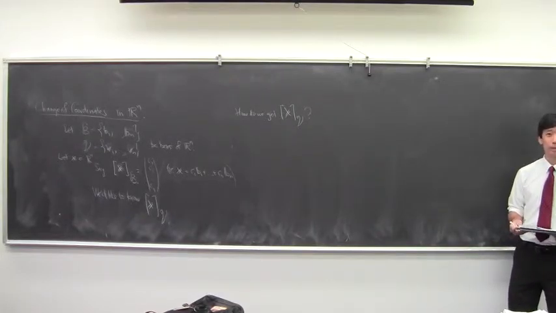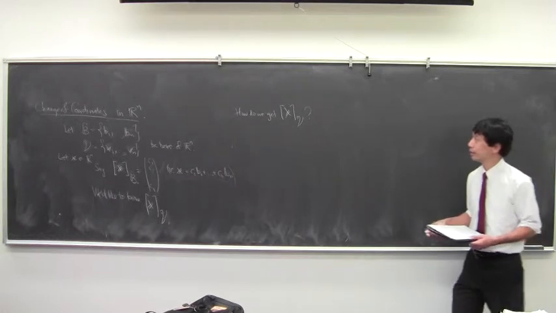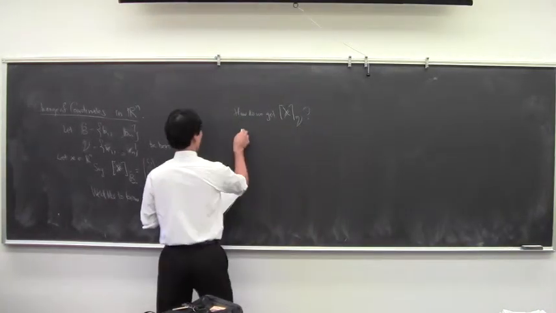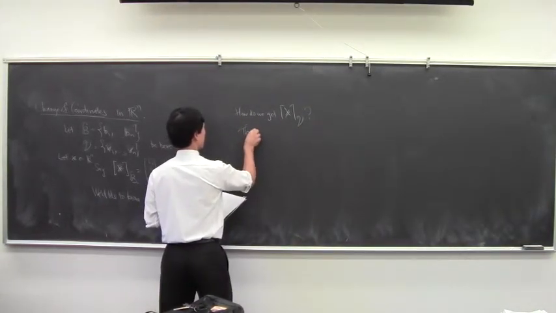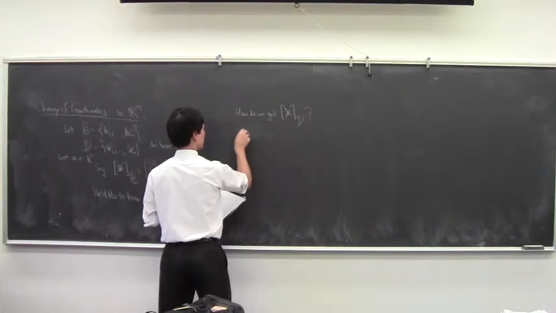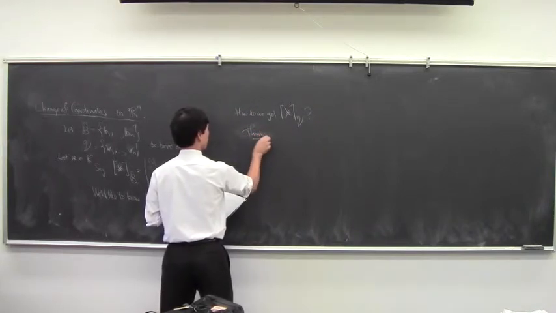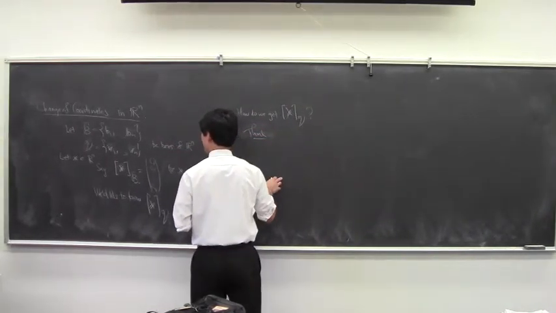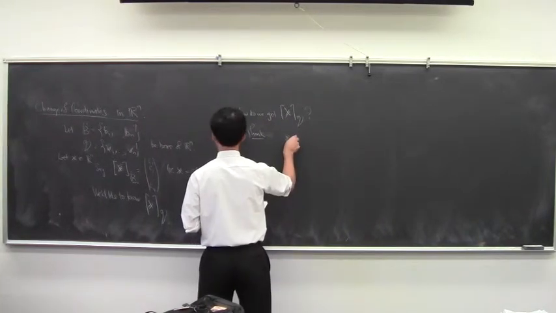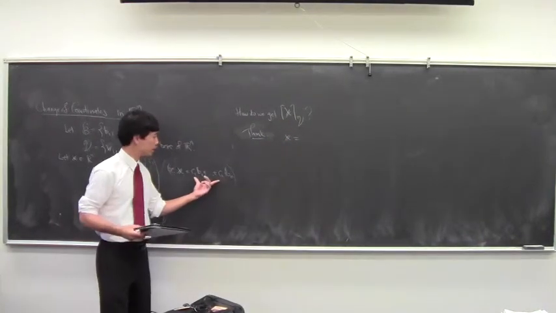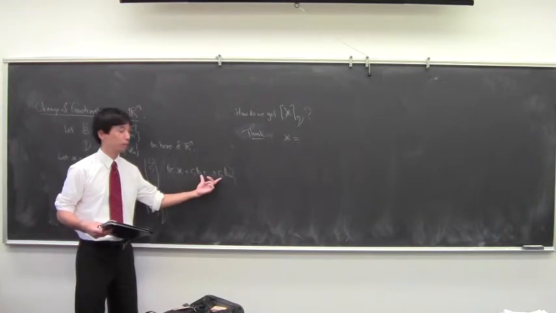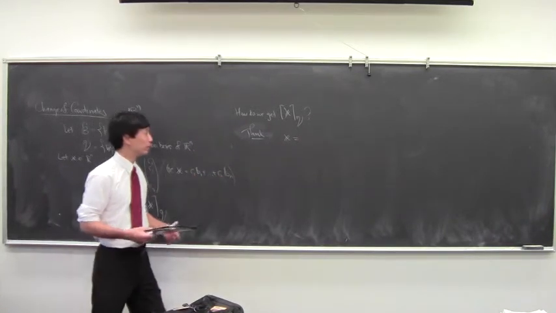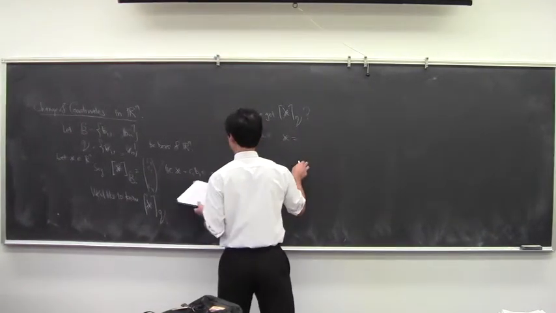Anyone have an idea? Maybe it's a little bit tricky. So you think like this. You say, well, look, x is this thing, right? C1 B1 plus C2 B2 up to Cn Bn, which we're going to rewrite.